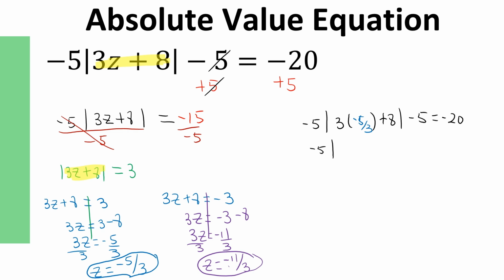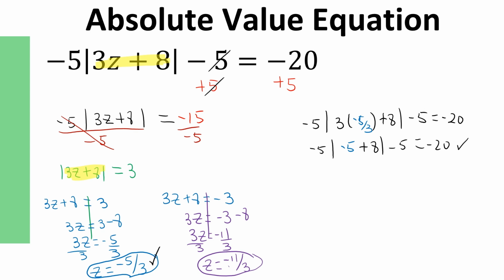So we know that 3 times negative 5 over 3 will give us negative 5. And when we add 8 to it, that's going to give us 3. And then the absolute value of positive 3 is 3. 3 times negative 5 is negative 15 minus 5. And that does give us negative 20.